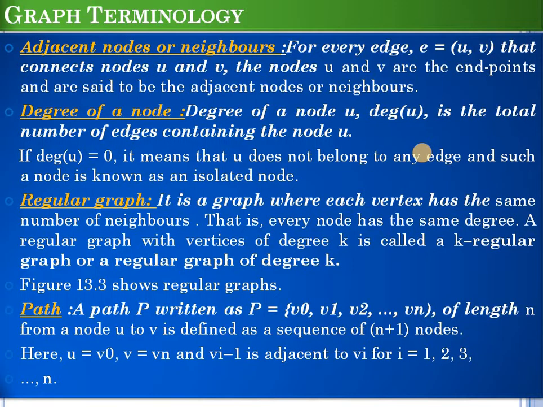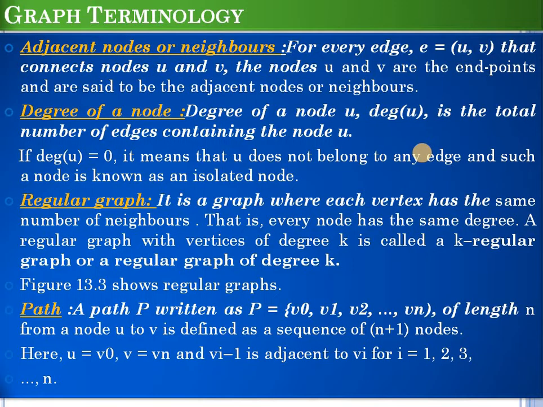Now if dg(U) is 0, it means U does not belong to any edge, and such a node is known as an isolated node, meaning a single node with no edge connecting to other nodes. Now regular graph: it is a graph where each vertex has the same number of neighbors, that is, every node has the same degree.